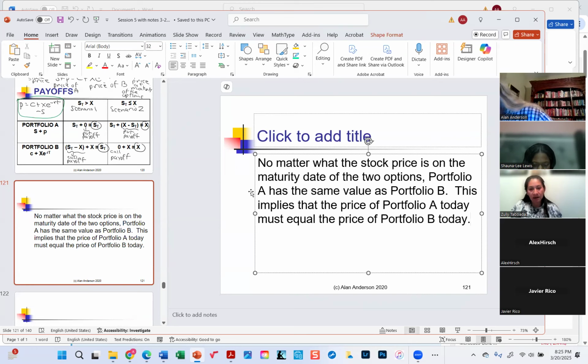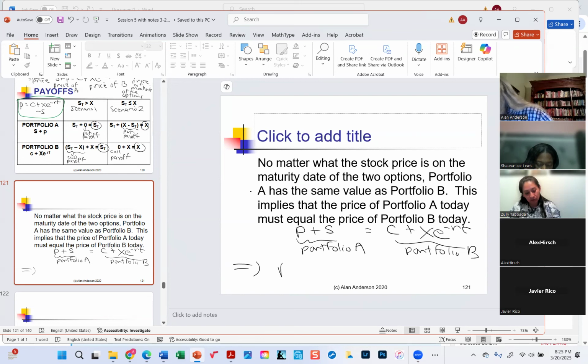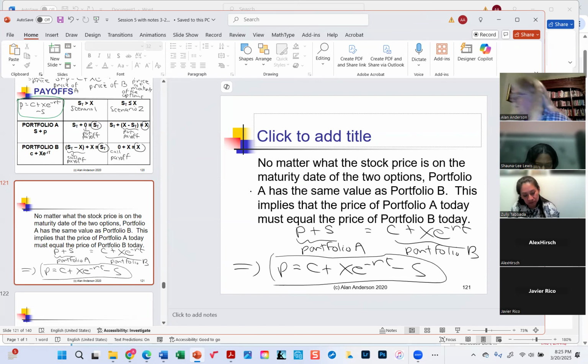That means that P plus S equals C plus Xe^(-rT). Which in turn means we can rewrite it as P equals C plus Xe^(-rT) minus S. And so therefore we proved that this condition must hold in order to avoid any arbitrage opportunities.